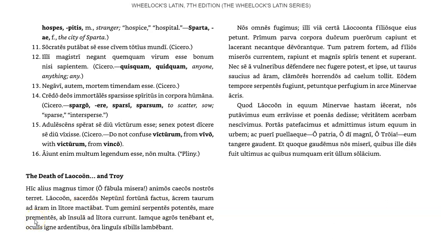Here's our present participle, or coming, like premeditated. You can see this is where we get the word premeditated. Pressing out from the sea. There's our ablative of separation. Running from the island to the shore.